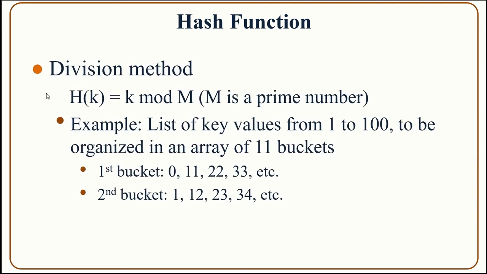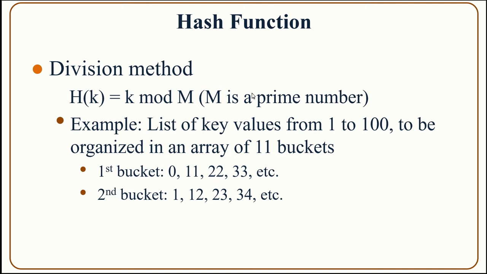Let's look at the division method for hash functions. The hash value is calculated as k mod m. k is the key value and m is a prime number. As an example, given a list of key values from 1 to 100, we need to organize them in an array of 11 buckets.